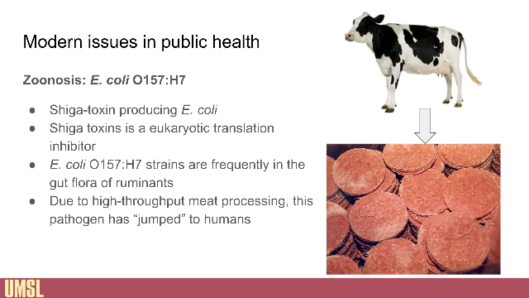But due to high-throughput meat processing that really blew up in the post-Second World War era of food production, this pathogen has essentially jumped from cows to being a human pathogen. It had all the hardware to make us sick. It just didn't do it to cows. It does it to us. So we've increased the frequency of exposure to this pathogen through food production practices.